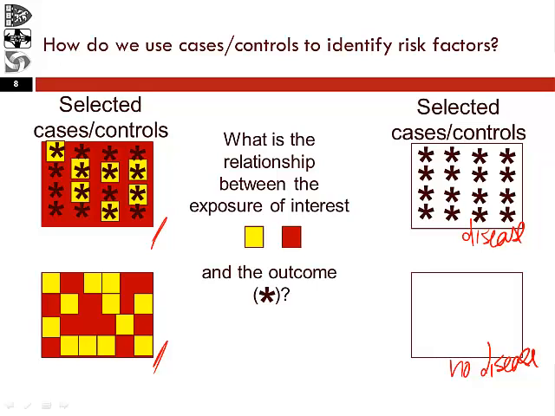So if something is very, very rare, we would want to use a case control study because we could find as many people as possible with that group and put them together and then see what their exposures were. If we just by chance hope to find the people, we will not find them. But if we identify them and make them part of our study, not by chance, but because we did it on purpose, then we can find them.